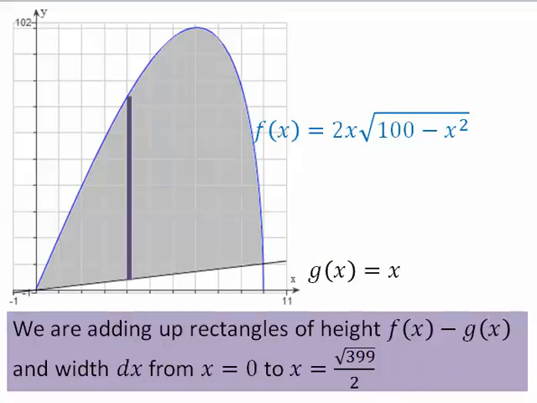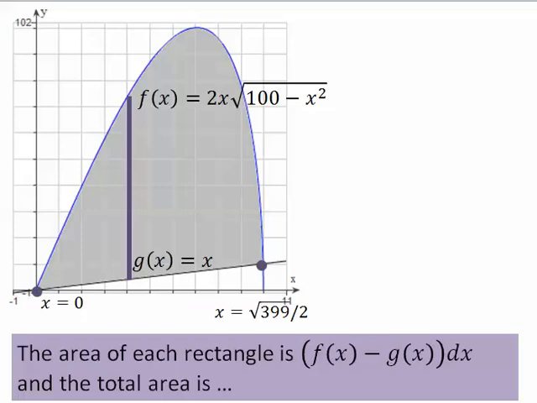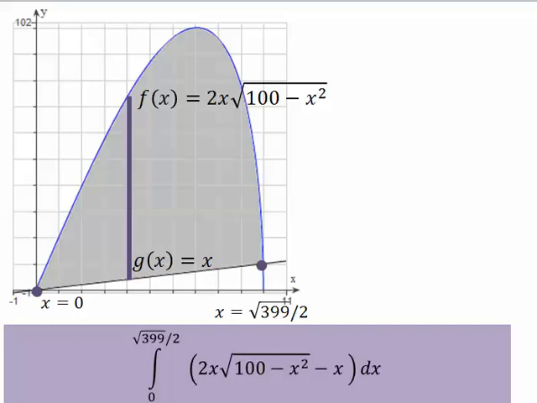We are adding rectangles of height f minus g and width dx. The area of each rectangle is f minus g times dx, and the total area can be found by evaluating this integral.